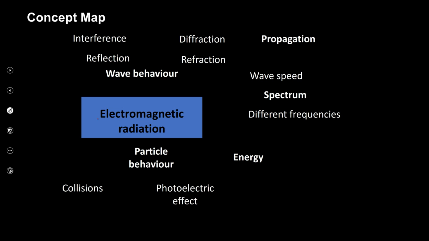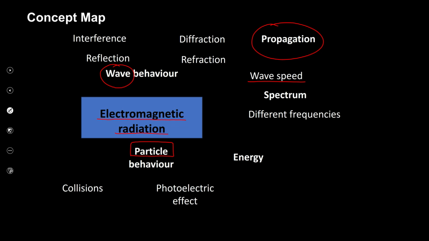So as part of our discussion on electromagnetic radiation, we have already examined how electromagnetic radiation behaves like a wave, how it acts like a particle. We then went on to unpack how it propagates through space. We talked about how fast it travels. Remember, we said that it travels very quickly at the speed of light.